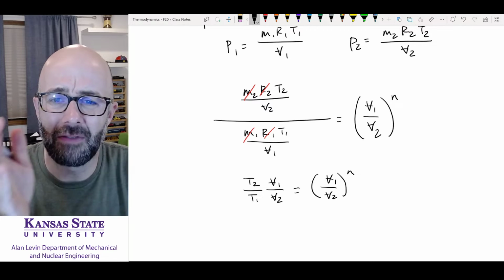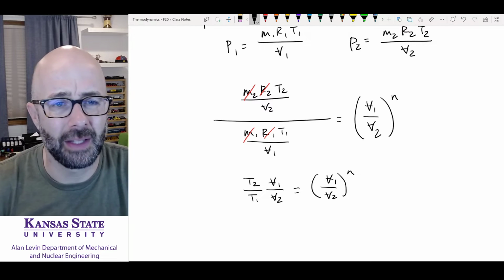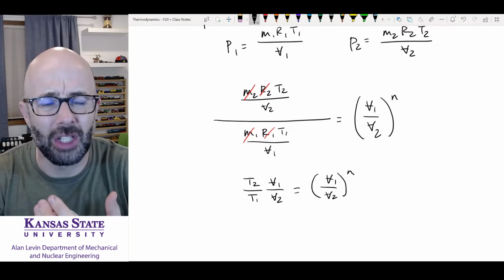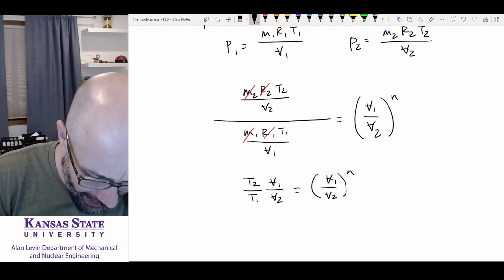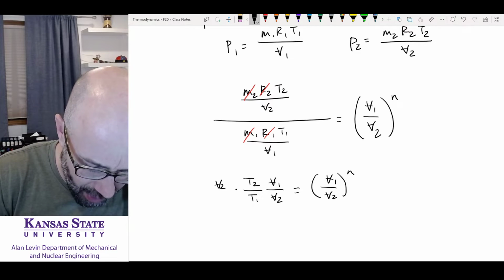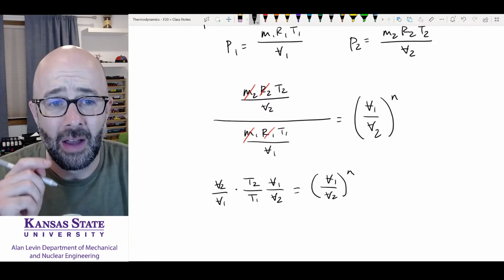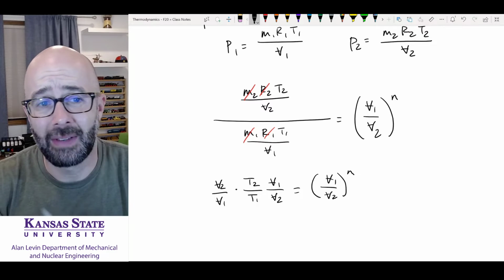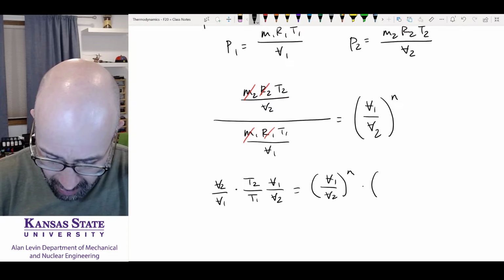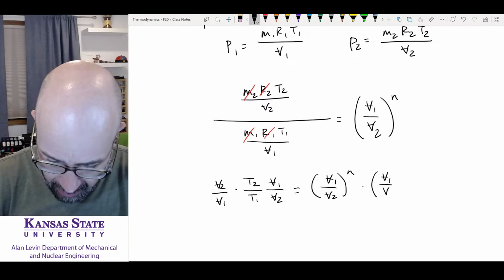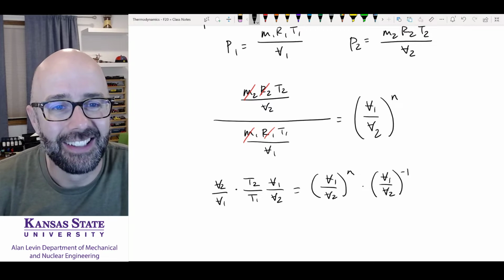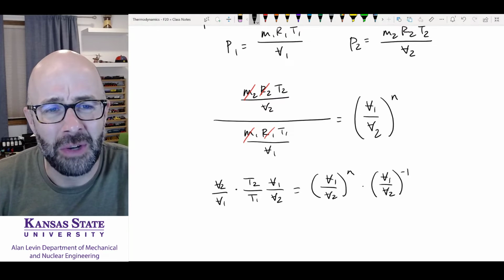But I notice here I have V1 and V2 on both sides of the equation, and I don't like that. I like them to be all together. So I'm going to take this side times V2 over V1, and I take the other side times V2 over V1 as well. See what I did there? This is more fun with exponents.